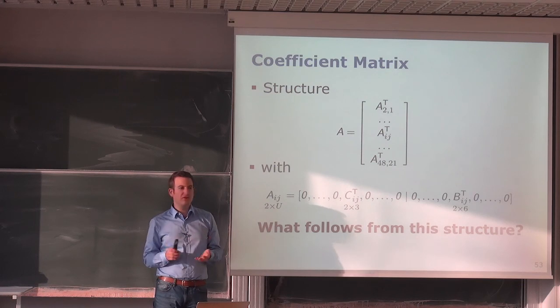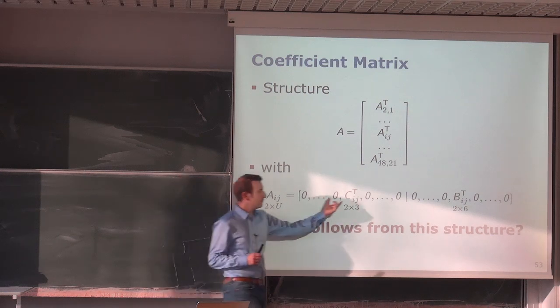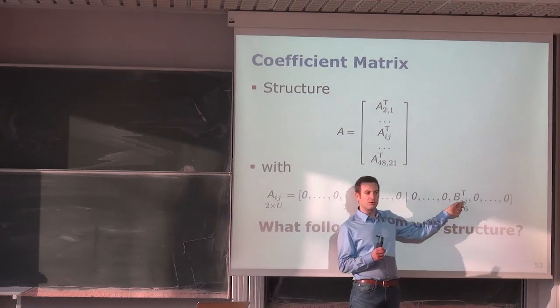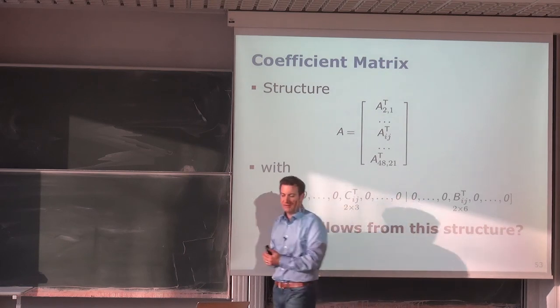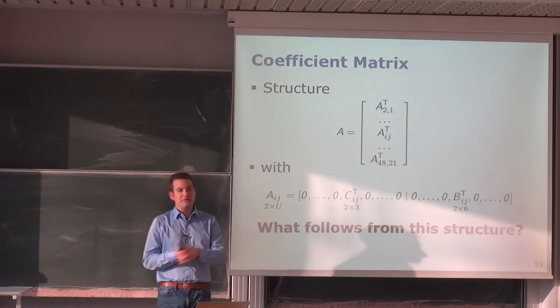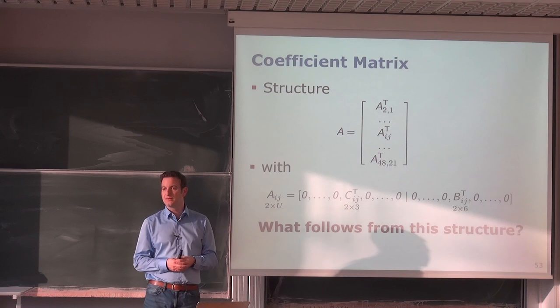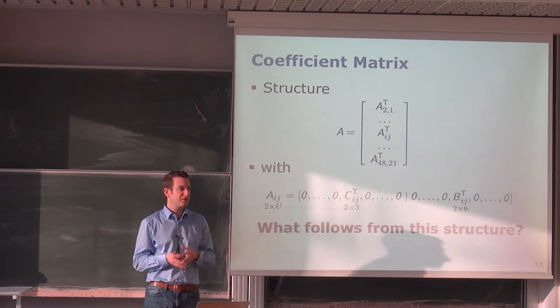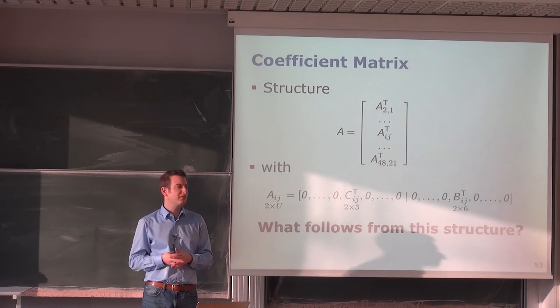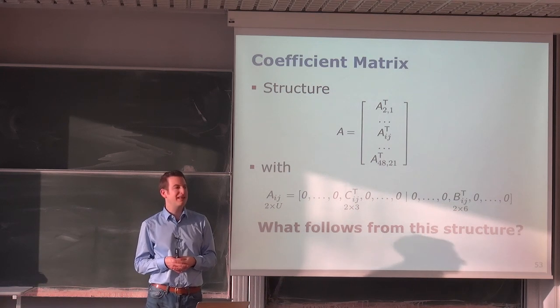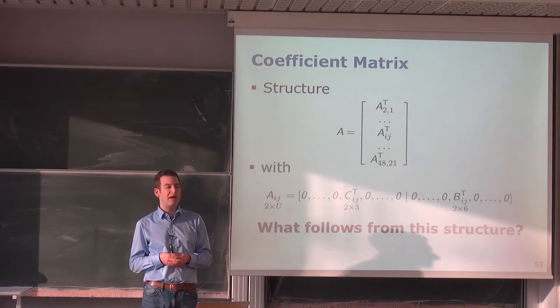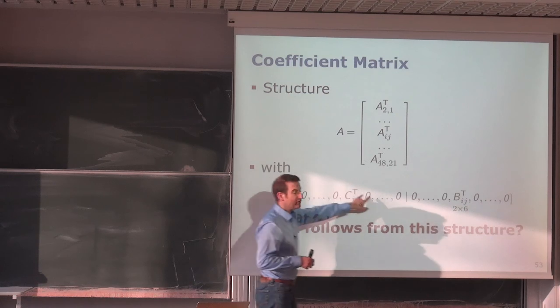It means that this matrix, the matrix A, in the end consists mainly of 0 elements. And there are just a very small number of small blocks, small compared to the overall size of the matrix, which are non-zero. So if we go back to our initial assumption, we computed something like 3.5 times 10 to the power of 11 elements. This is true. We have so many elements, but most of those elements are actually 0.